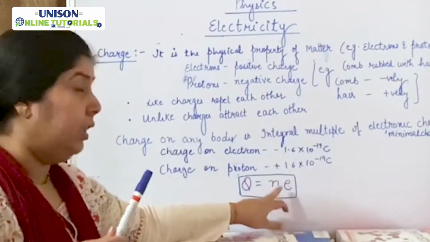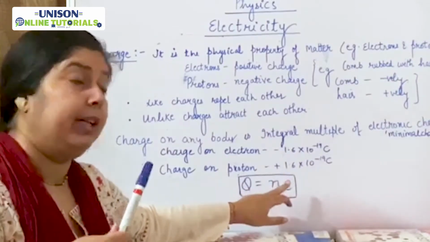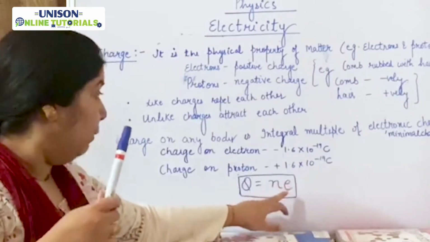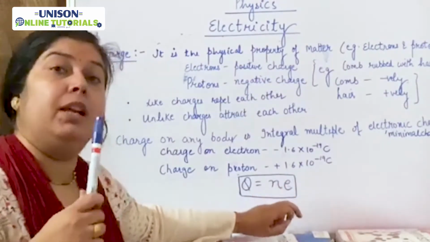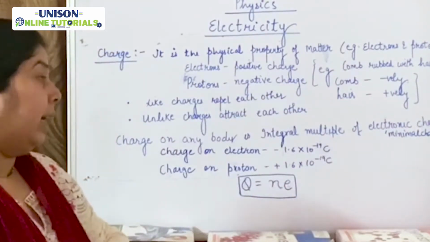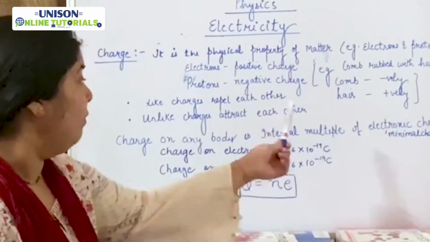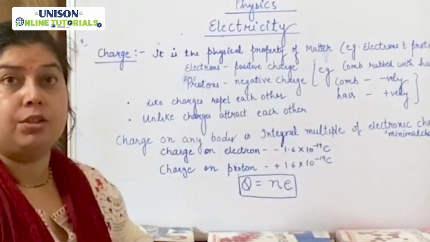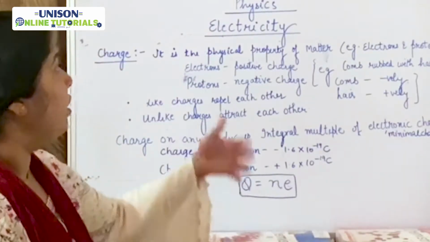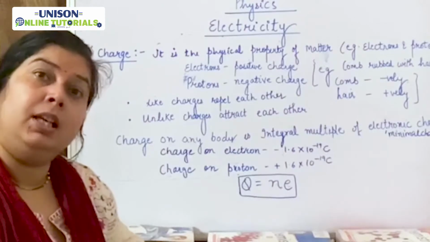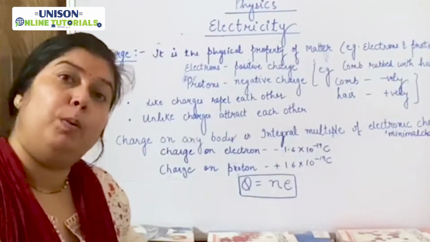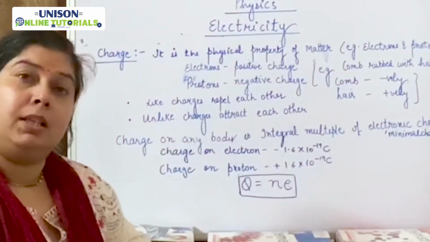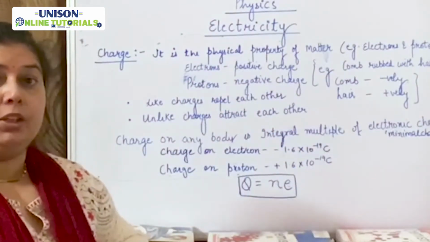That is, n can be 1, 2, 3, any integer, and e will be 1.6 into 10 raised to power minus 19 coulombs. Coulomb, you know, is the unit of charge. So whenever there is charge, there is electricity, and electricity is always considered in terms of electrons. That I am repeating. Is it clear? Thank you.